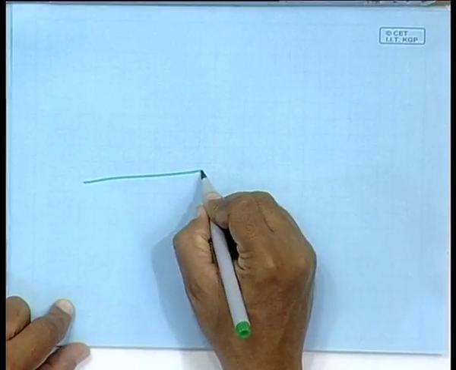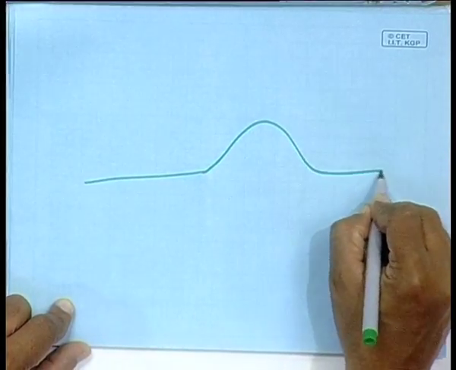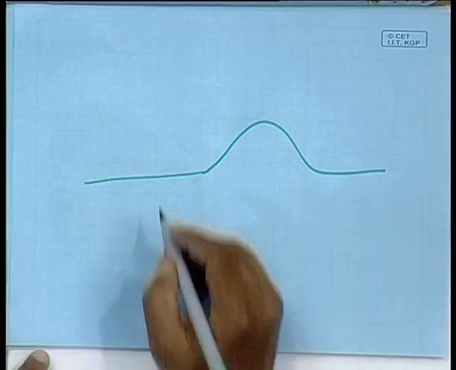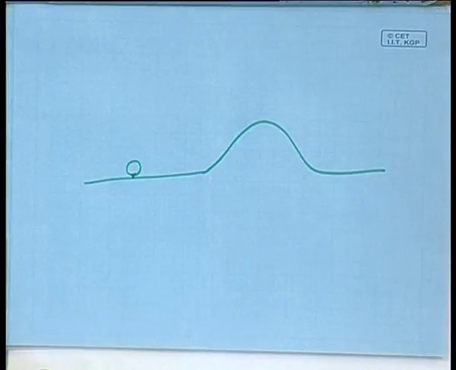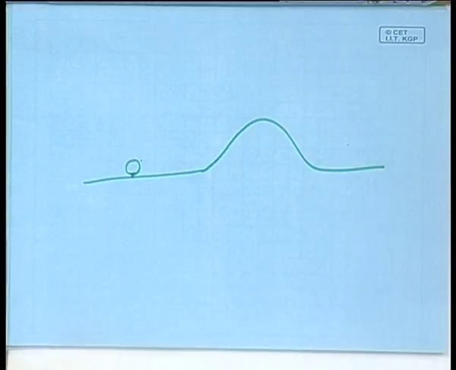The analogy is as follows: say on the surface of the earth there is a hill like this, and there is, let us say, a particle over here. We would like the particle to get to the other side.